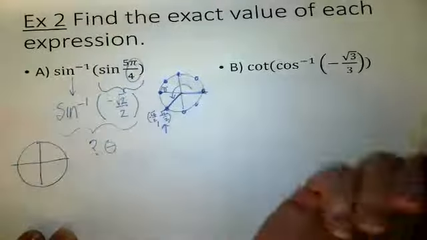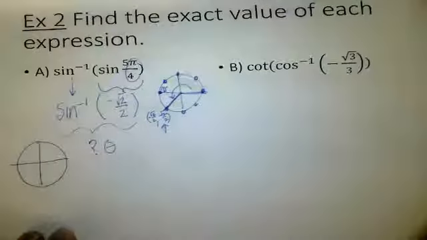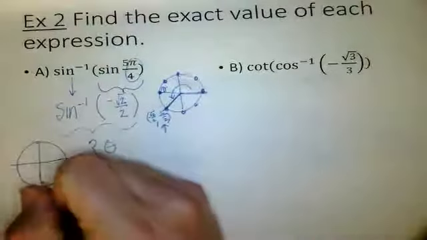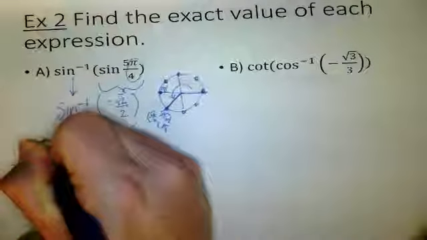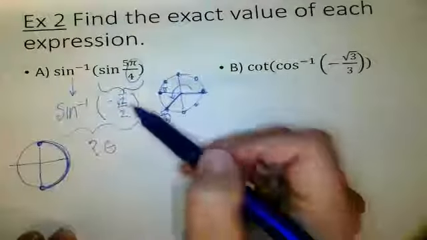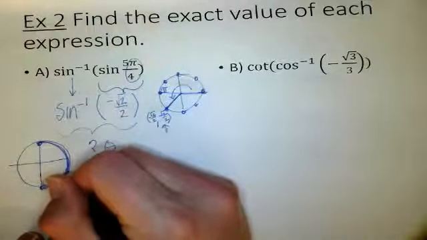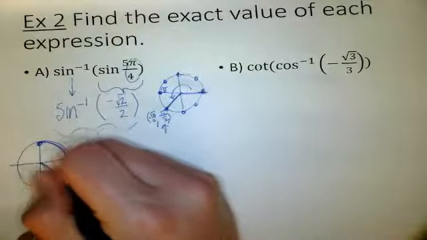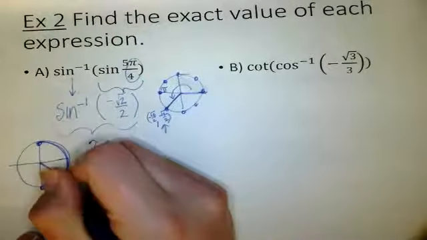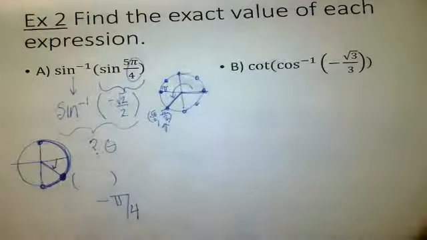So I have to think about my unit circle, and since it's inverse, which half of the unit circle do I care about? The right half, so everything out here on the right side. Now this is negative radical 2 over 2, so that should be from down here, quadrant 4. So what angle? Negative pi over 4. Very good.